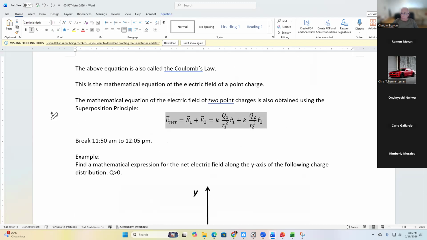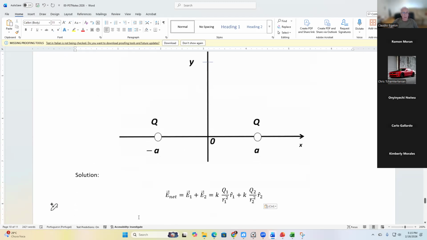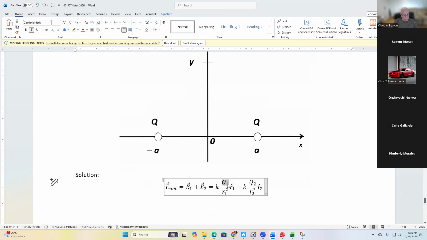There you go. The net field along the y-axis is charge 1 plus charge 2, right? Instead of Q1, it's going to be Q. Instead of Q2, it's going to be Q. The distances are the same because it's along the y-axis.